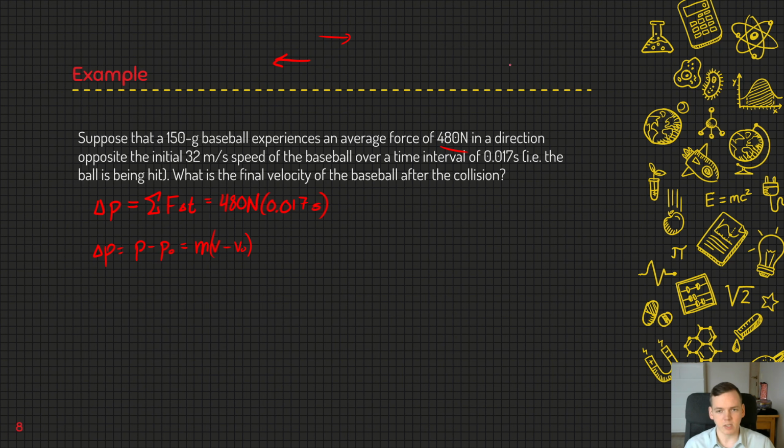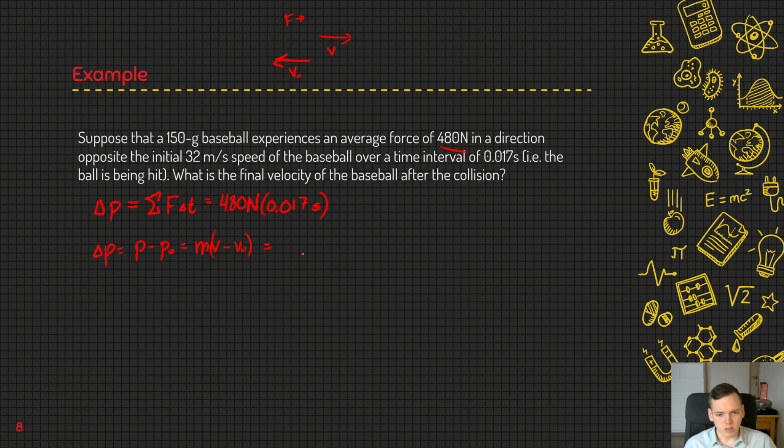This is where it's going to get tricky. So we know that the force is to the right. We know that the initial velocity is to the left and the final velocity is to the right. So force and final velocity should be positive. Initial velocity I'm going to need to make negative. This is where drawing diagrams for this unit is going to be really important.